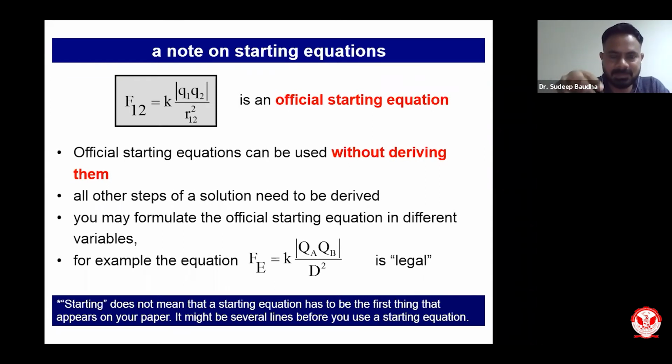Starting equation here means that this particular equation can be directly used without further proving it. You can write it as per Coulomb's law, and then you can use this equation. So that is what Coulomb's law is.